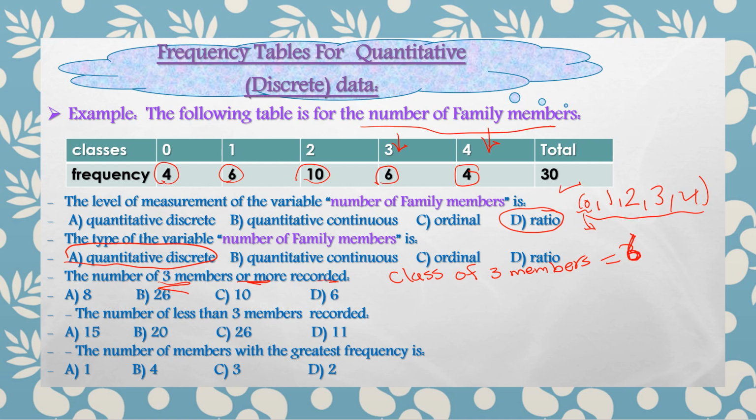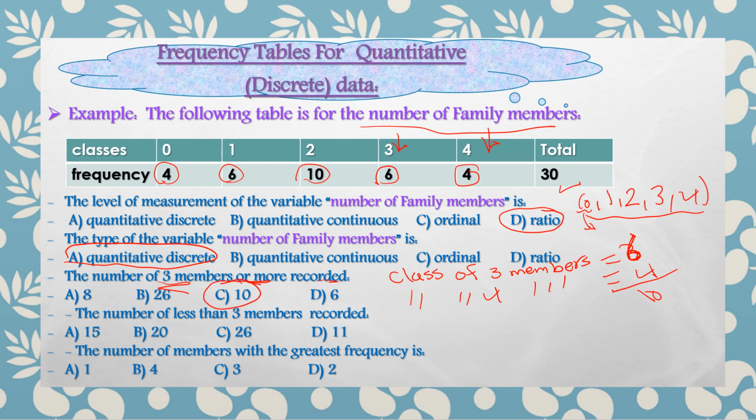And for the class of 4 members, the frequency equals 4. So the total frequencies for the 2 classes, which is 3 members and more, as there is no more than 4 members in these classes, equals 10. And the correct answer is C.